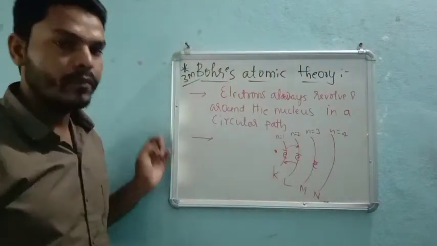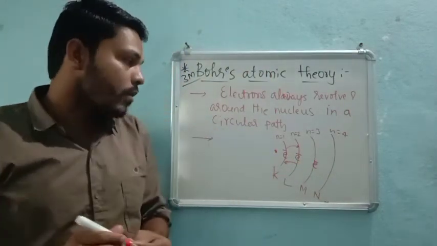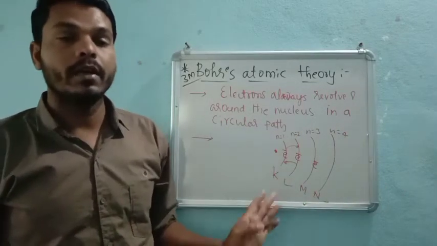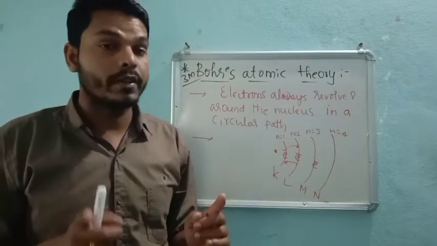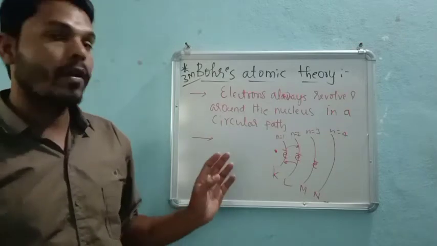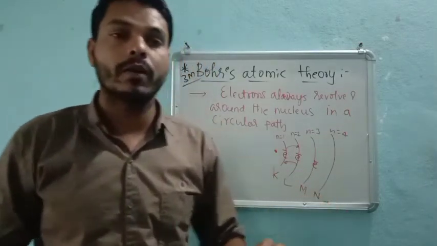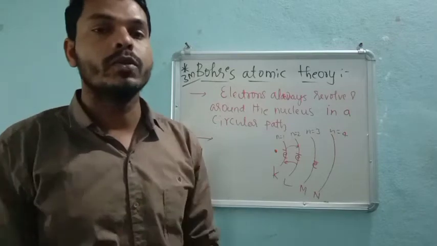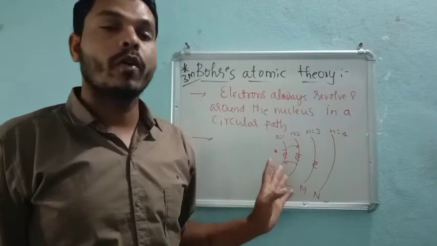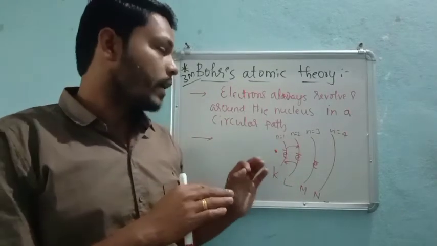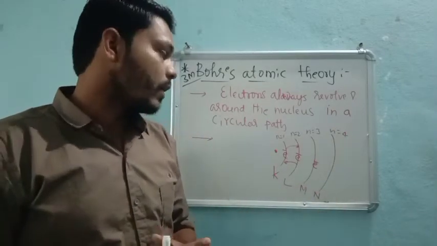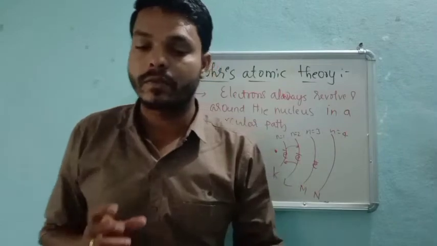If the electron jumps from lower energy to higher energy or higher energy to lower energy, then only an energy difference comes into existence. It loses energy when it leaves its own orbit and moves to another orbit. When it does that, the energy difference will come.